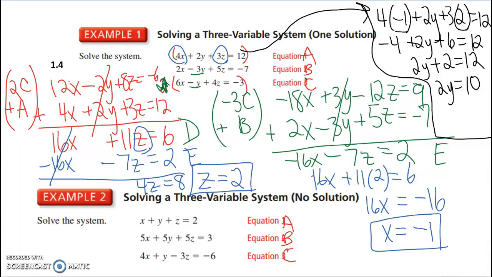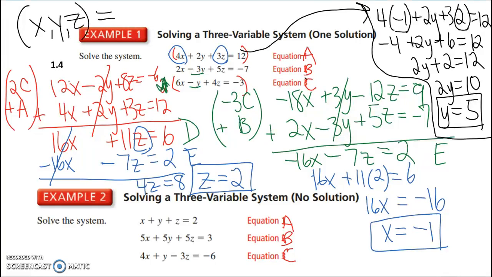And then when I multiplied and solved the problem, I ended up with 2y equals 10. So y is going to equal, so you're going to get y equals 5. And your final answer, you want to write it like an ordered pair, x comma y comma z. So our final answer will be negative 1 comma 5 comma 2.